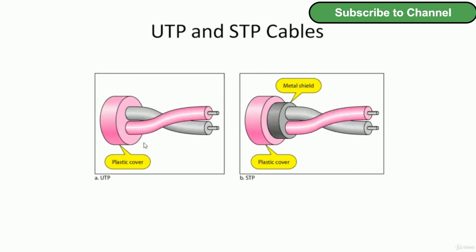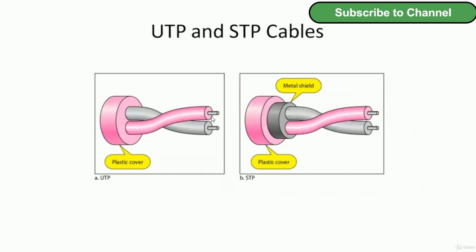In the first figure, that is the unshielded twisted pair cable, in between is the conductor, then the insulator, and on the upper side a plastic cover. The next one is the STP, shielded twisted pair cable. Again, the conductor is inside, after that the insulation, and then a metal shield is used for shielding purposes, that prevents the introduction of noise.